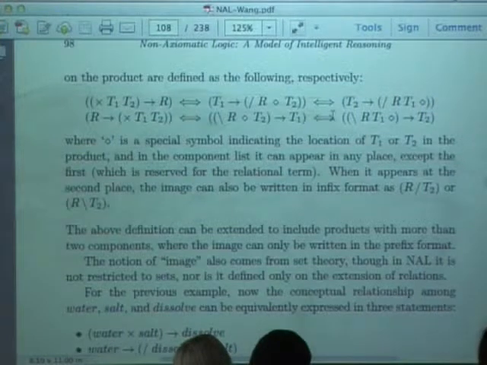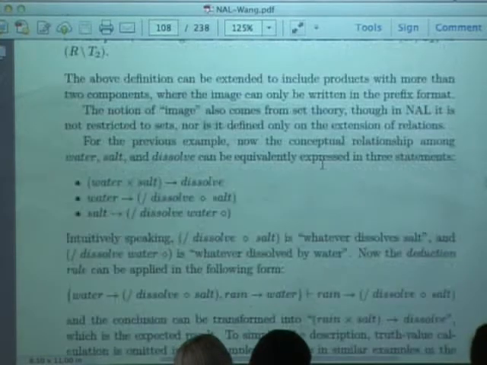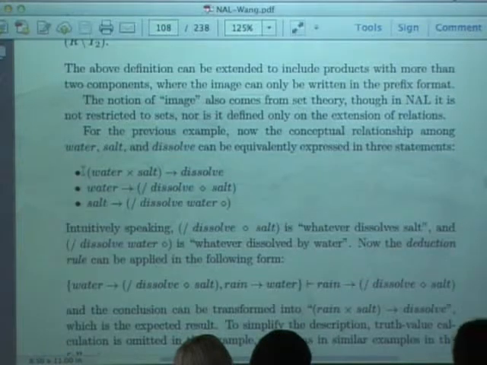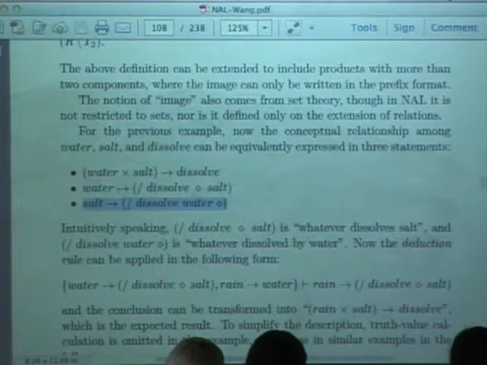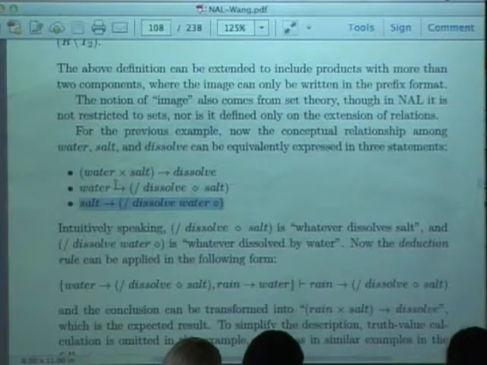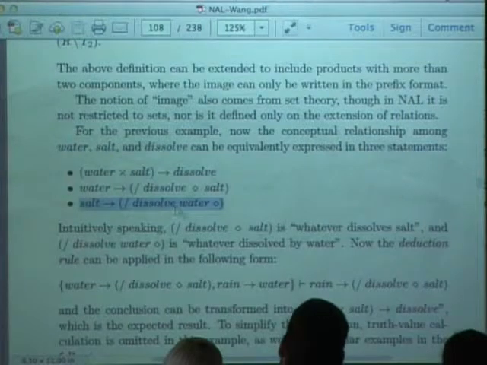So what's the intuitive meaning? Let's see this concrete example. The same sentence can now be rewritten in this format and in this format. The intuitive meaning is that water belongs to, or water is a special case of, whatever dissolves salt. And similarly, salt is a special case of whatever can be dissolved by water.